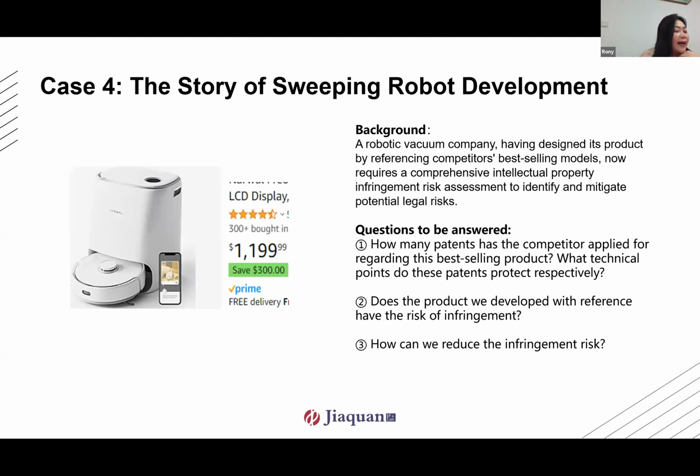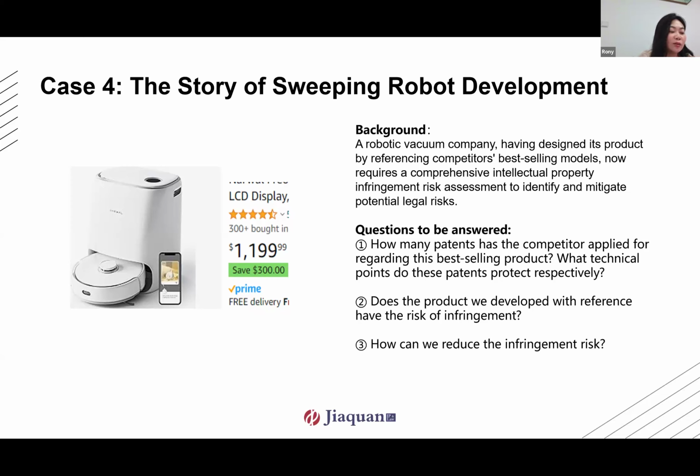The fourth story I'd like to share is about the R&D process of sweeping robot. And recently, sweeping robots have been really popular. Dyson is good at developing handheld vacuum cleaners. And in Chinese market, the most popular type is the floor sweeping robot. It is like a disc that can move around on the floor and sweeping the dust.